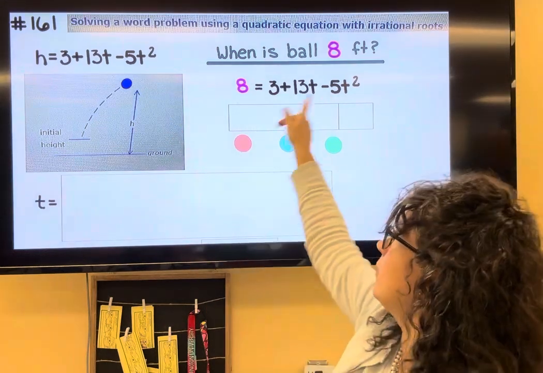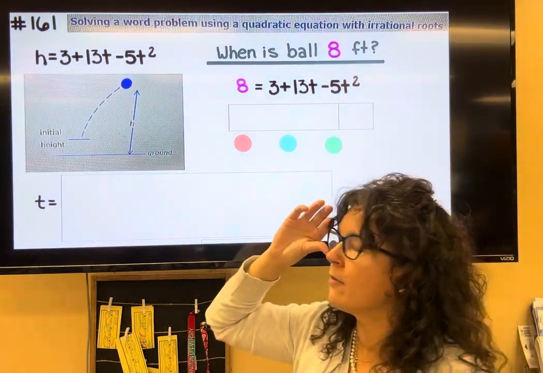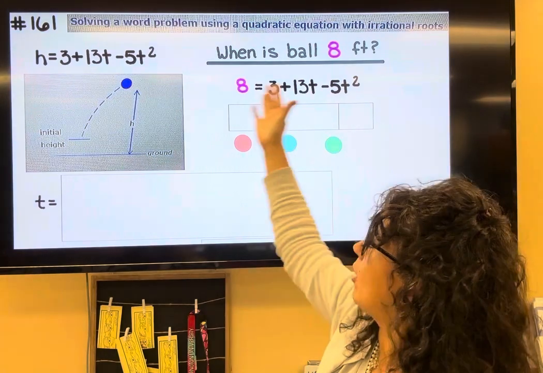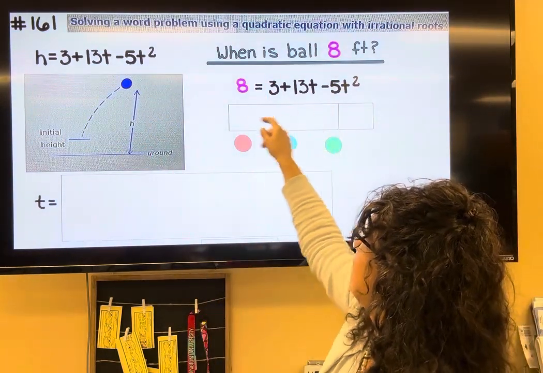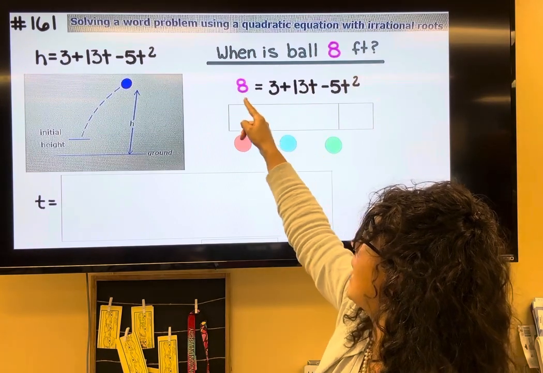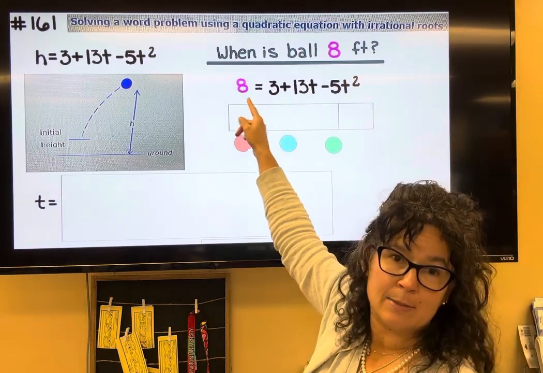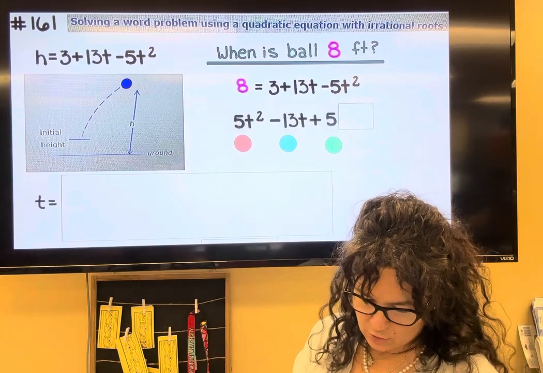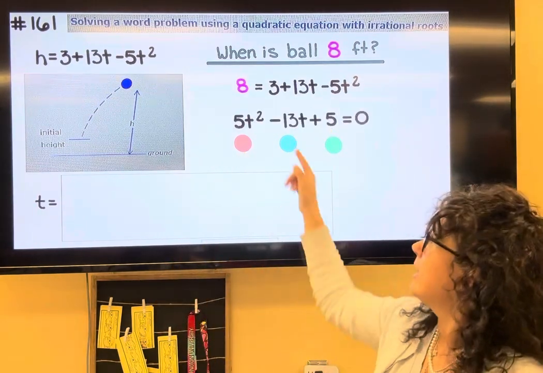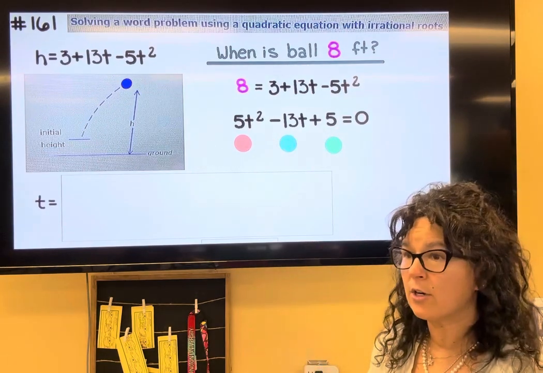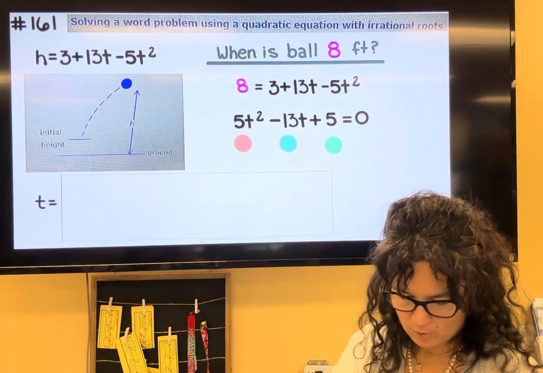So I'm going to move these pieces around. For no particular reason, I'm going to move all the terms to the left, it just made writing it easier. I'm going to add 5t squared, subtract 13t, and subtract 3. When I do that, I end up with this, and it now equals 0.